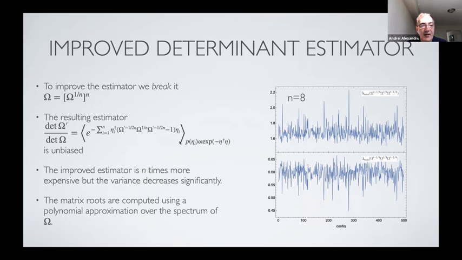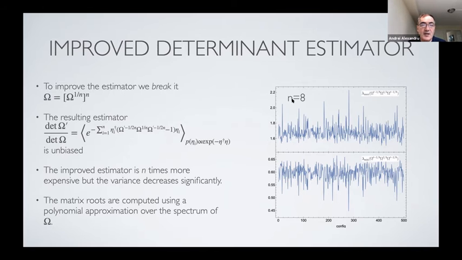The advantage is that this is an unbiased estimator for what you need, and it works perfectly well as a replacement, and the algorithm remains exact. And the improved estimator is n times more expensive than the original one, but the variance is decreased dramatically.